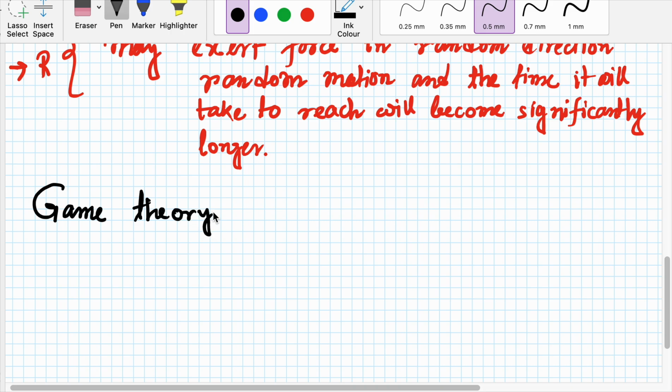Now we will see game theory. A strategic interaction, or game, can be represented in mainly three ways.